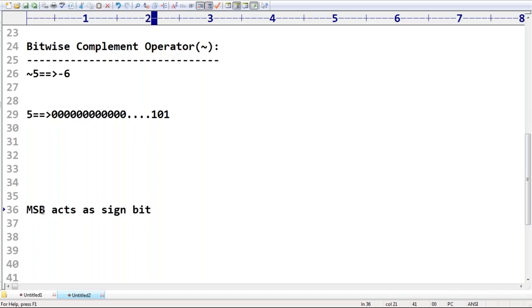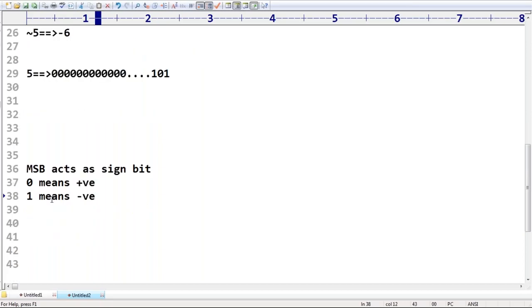Remember this one. 0 means positive. 1 means negative. The most significant bit acts as the sign bit. 0 means positive, 1 means negative. Remember that. Now, is it a positive number or not? Positive. That's why the first bit is 0.